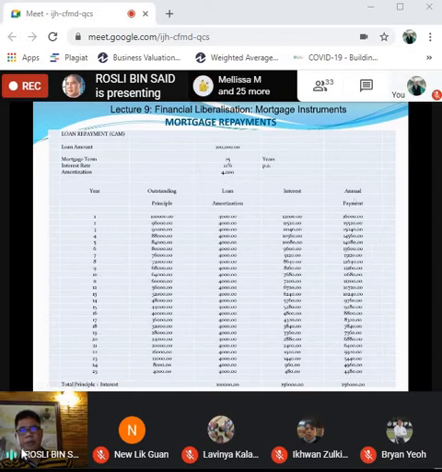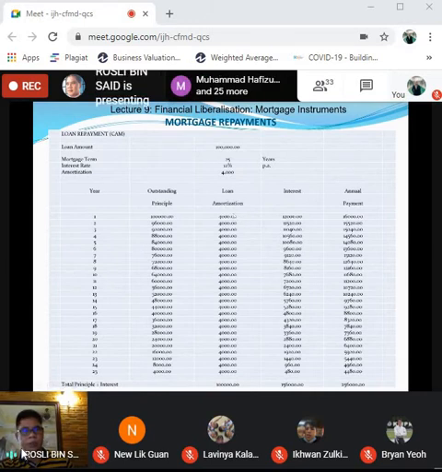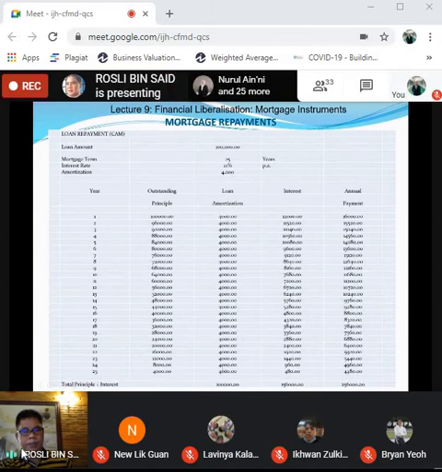Just now you have seen the annual payment is constant, 12,750 throughout the 25 years. But now the amortization is constant, which is 4,000 for the next 25 years. And towards the end of the 25 years, the total loan that has been amortized is 100,000 ringgit, which is here.